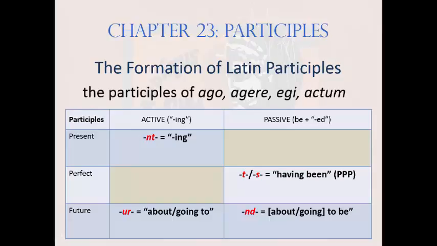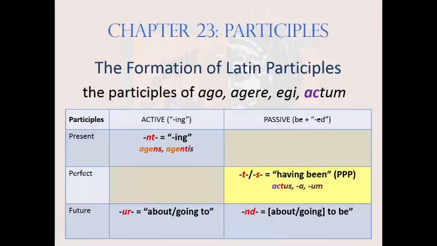Taking the participle signs cited above, remember them? I hope so. And adding them to the base and proper thematic vowel for third conjugation, E, you get the present active participle of ago, agens, agentis. From the vocabulary, you know the perfect passive participle of ago.